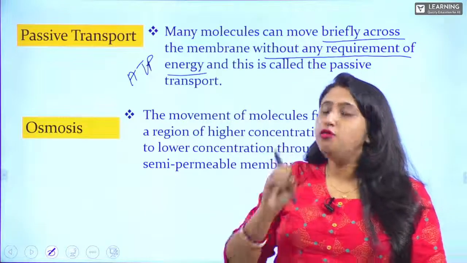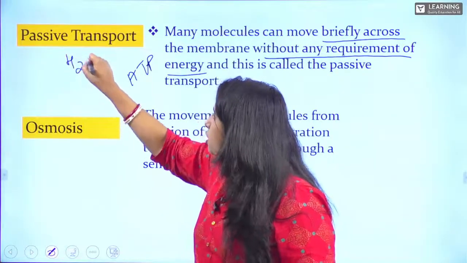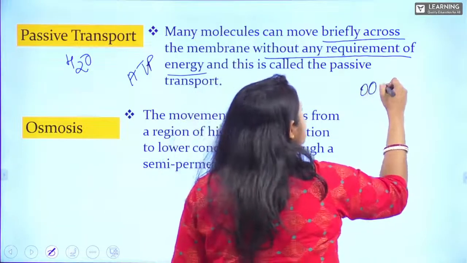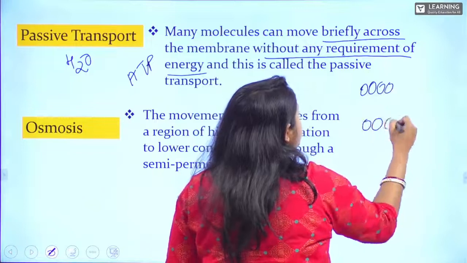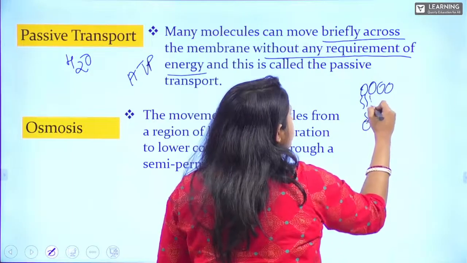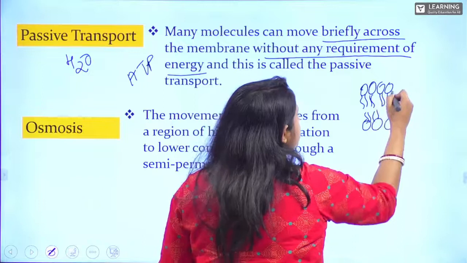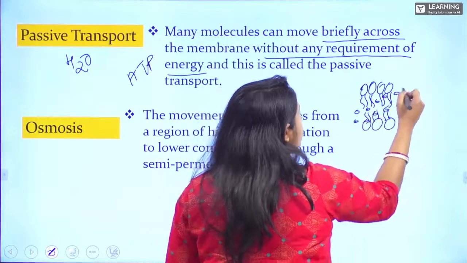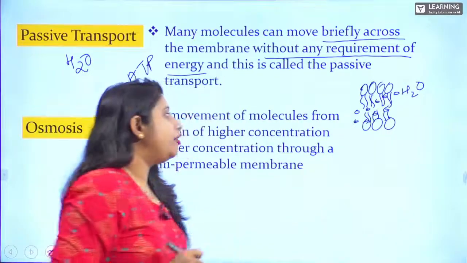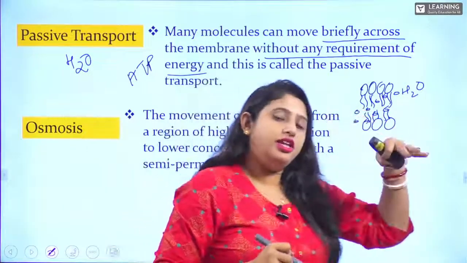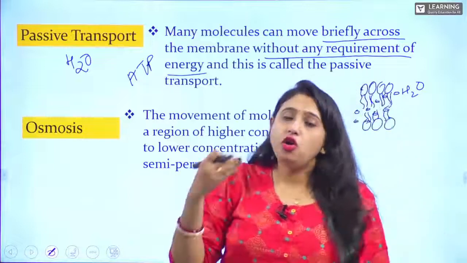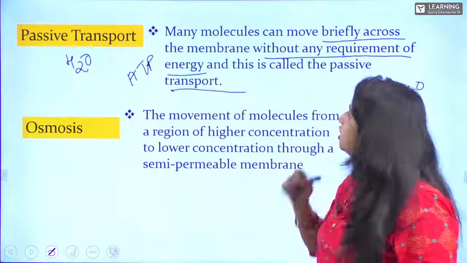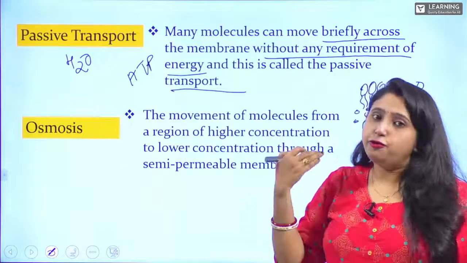Some water molecules can easily cross the plasma membrane, the lipid bilayer. Here there is no involvement of energy; ATP is not necessary. So this is called passive transport.